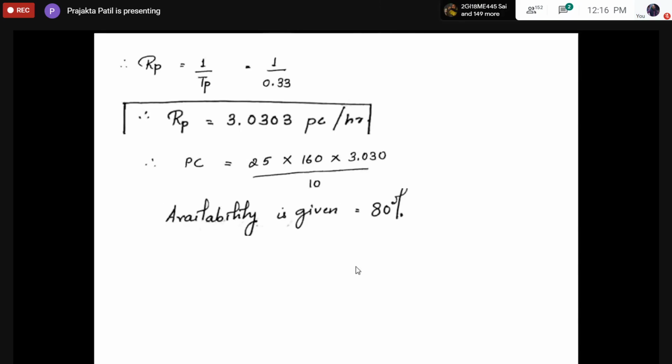So in yesterday's class also I told you, whenever availability is given, see to it that you consider that in finding the production capacity. If it is not given, then we assume it to be 100%. But now in this case, as the availability is given, let us consider that and find out the production capacity.